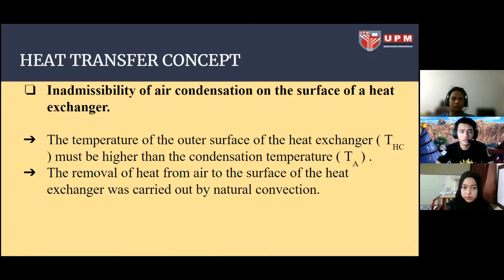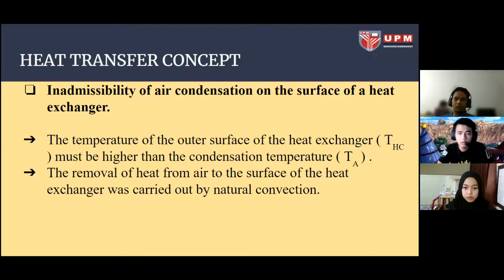Next. For the heat transfer concept, there are two. The first one is the admissibility of condensation on the surface of the heat exchanger. As we learned, when two parts touch, the heat flows from the higher temperature to the lower temperature.